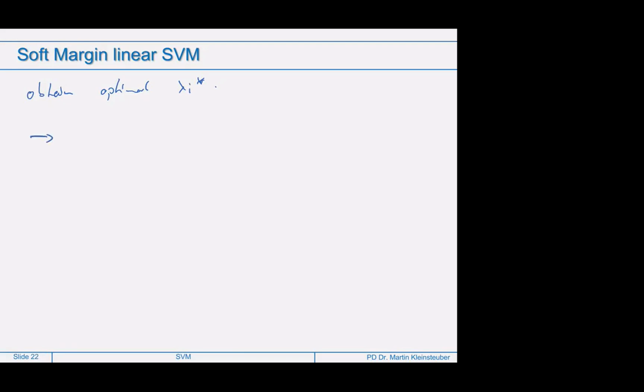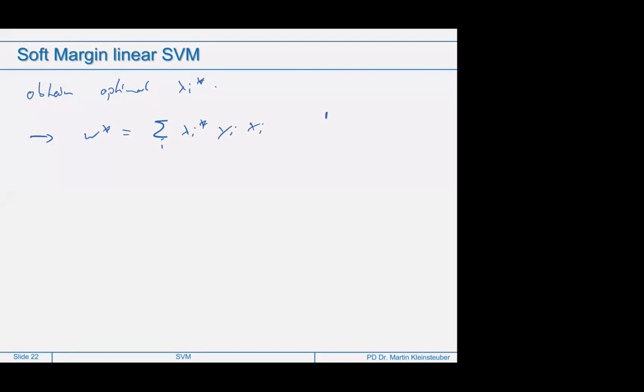And now if we have the lambda I star, we know that W star is this linear combination, the sum over I of lambda I star yi xi, right?